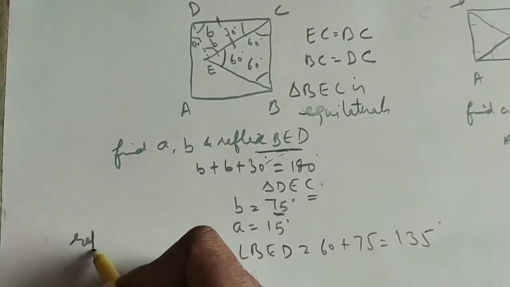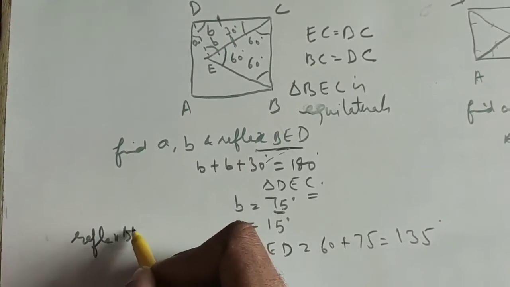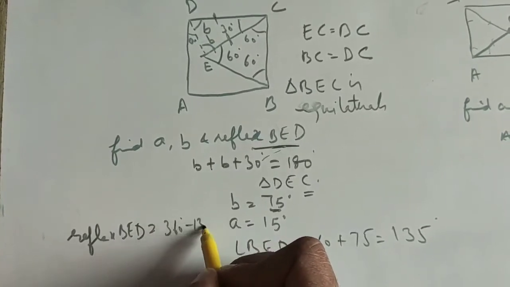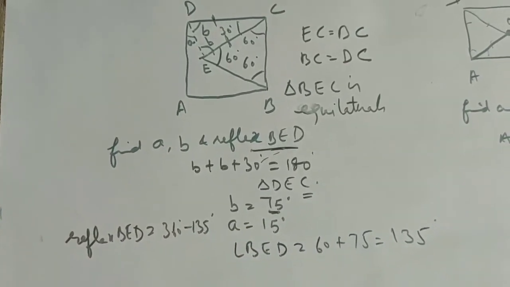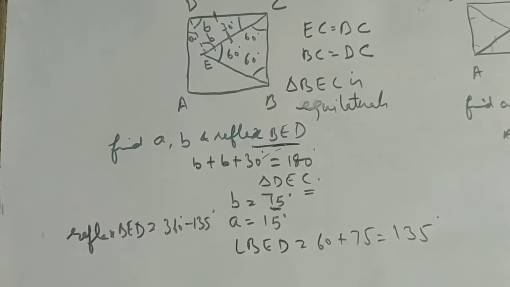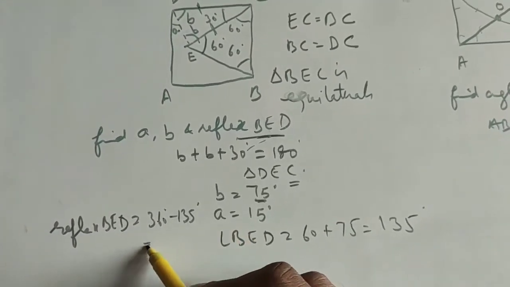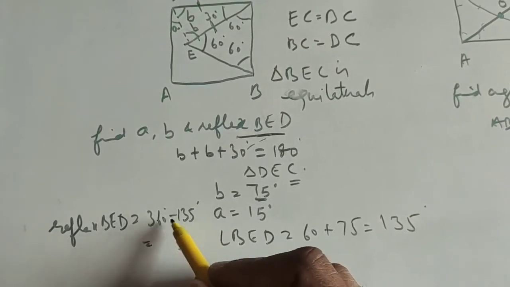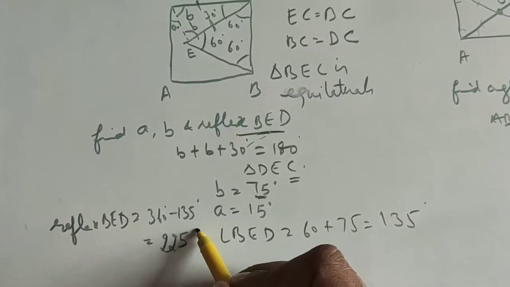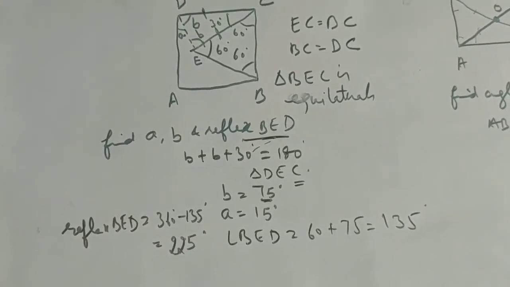So the reflex of BED will be 360 minus 135. So this is how much? 10 minus 5 is 5. 5 minus 3 is 2. And 3 minus 1 is 2. So this is 225 degrees.